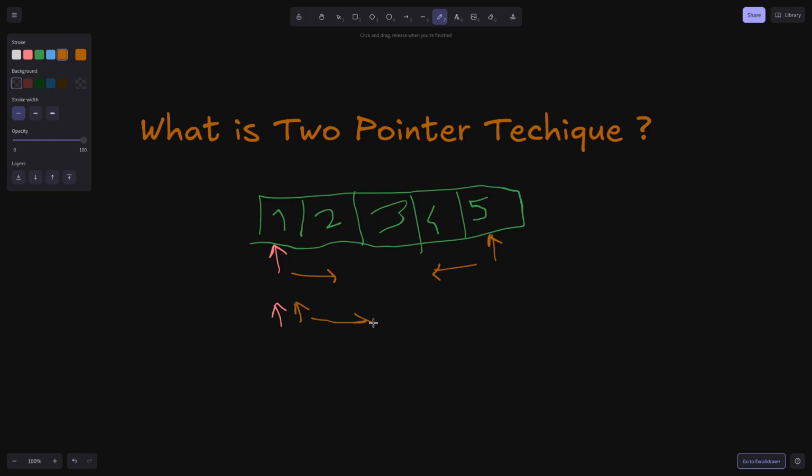For example, one will move faster and the second will move slower in the case of removing duplicates or removing zeros and all that. So depending upon the problem, we can move these pointers and it will give us an efficient solution, much better than the brute force.